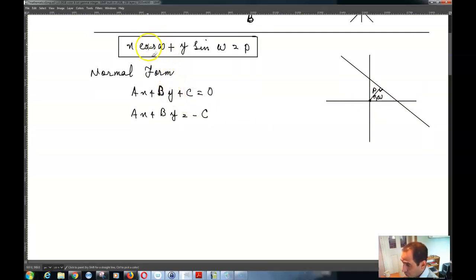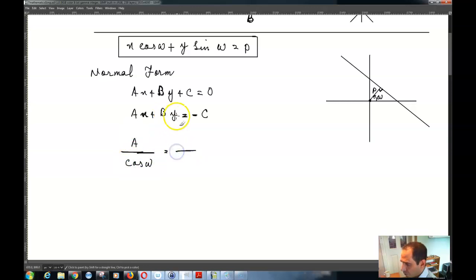I can then conclude that the ratio of the coefficients of x and y and the constant must be the same. The coefficient of x here is a, and the coefficient of x there is cos omega, so the ratio would be a over cos omega.